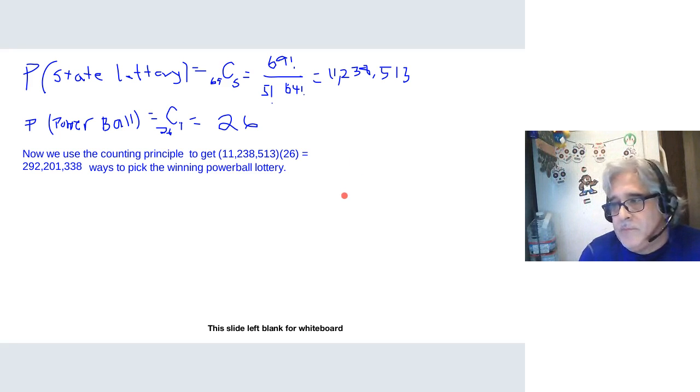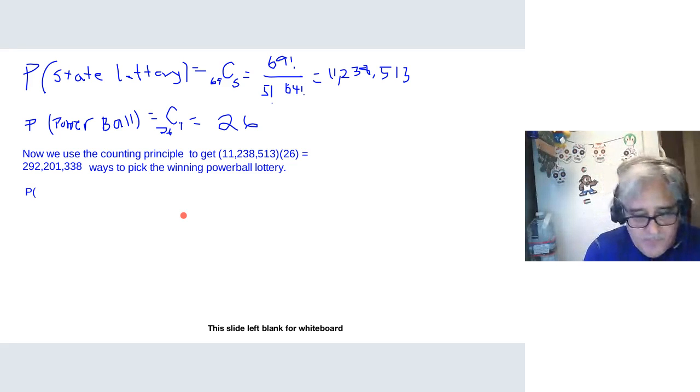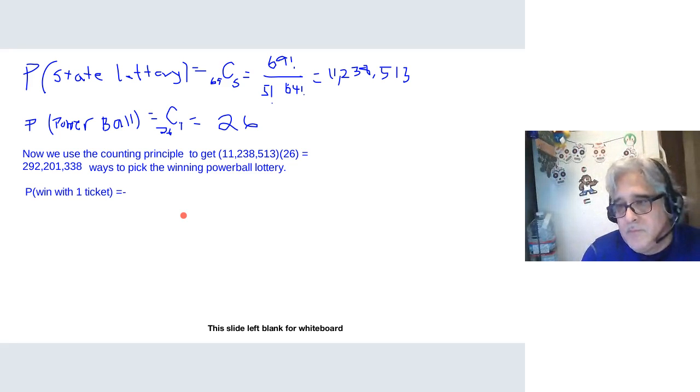So with one ticket, it's going to be just 1 over that.